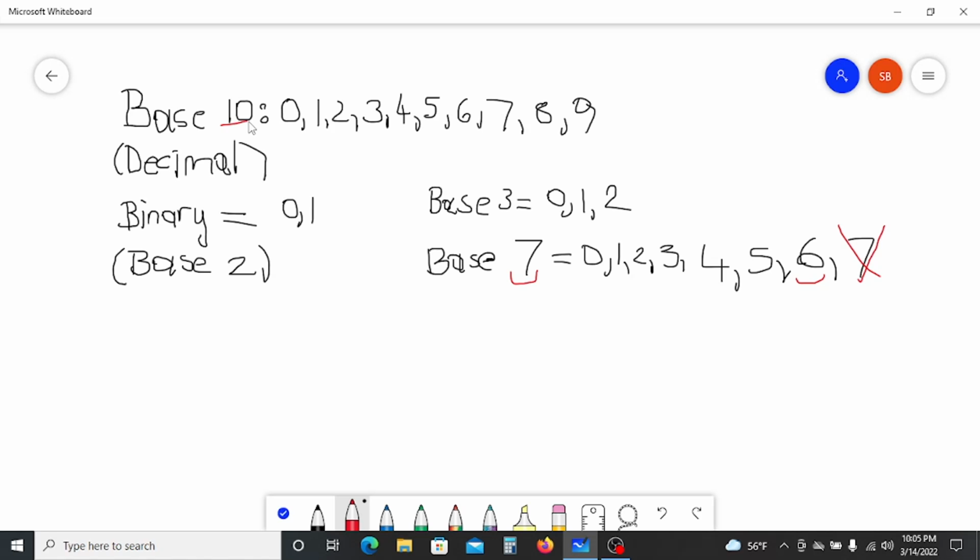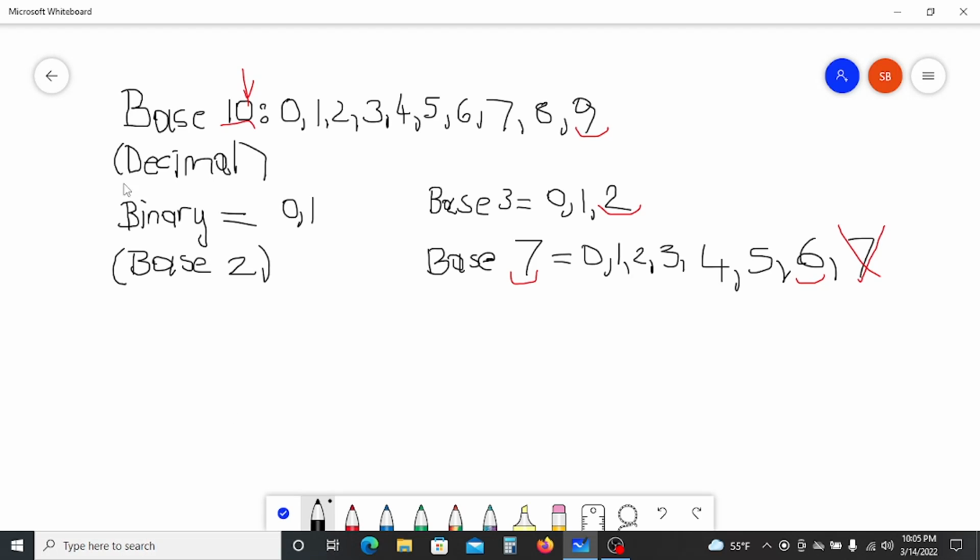Let's look at base 10. 10 is 10, one less is 9. Base 3 should have the highest number 2. Binary, base 2, do you see any 2 here? No. Similarly base 8 has 7 inside.